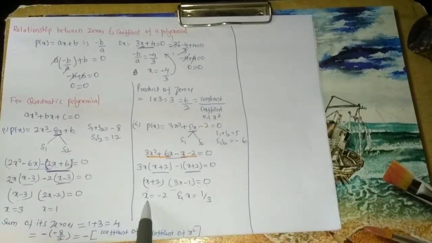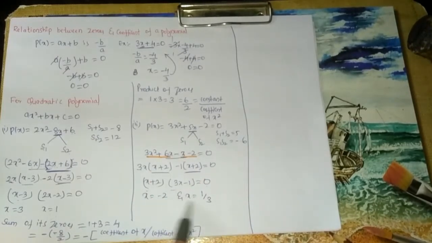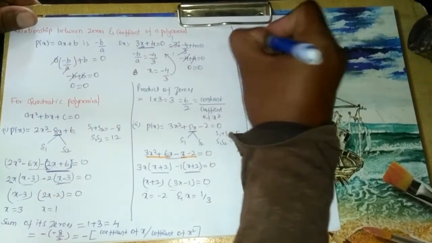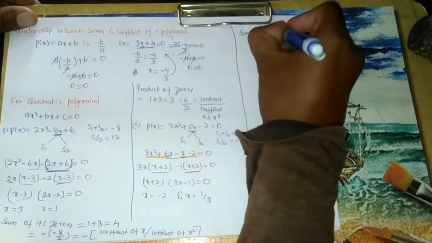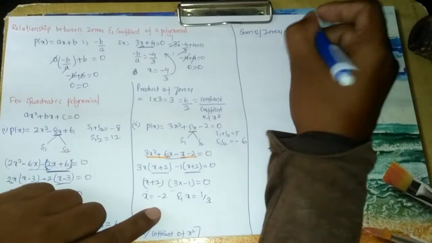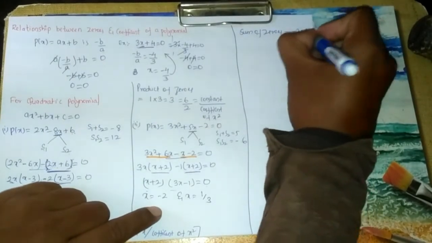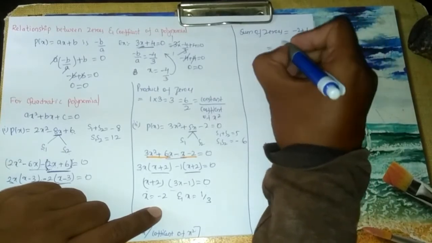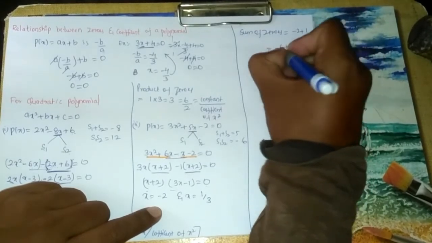Now let us see the sum of the zeros of this polynomial and the product of the zeros of this polynomial. The sum of zeros will be minus 2 plus 1 by 3. Take the LCM: 3 into 2 is minus 6, plus 1 by 3.